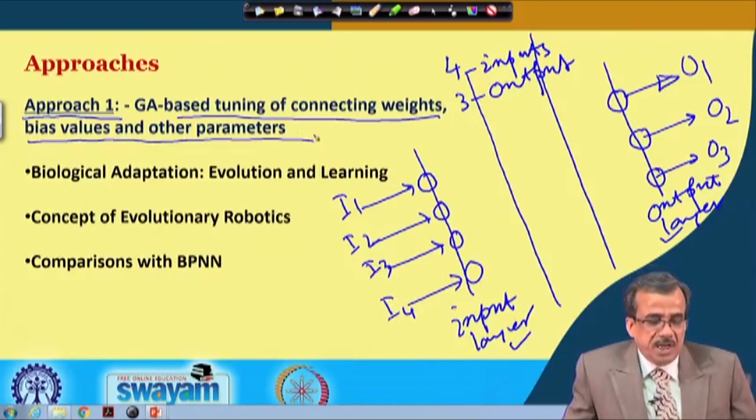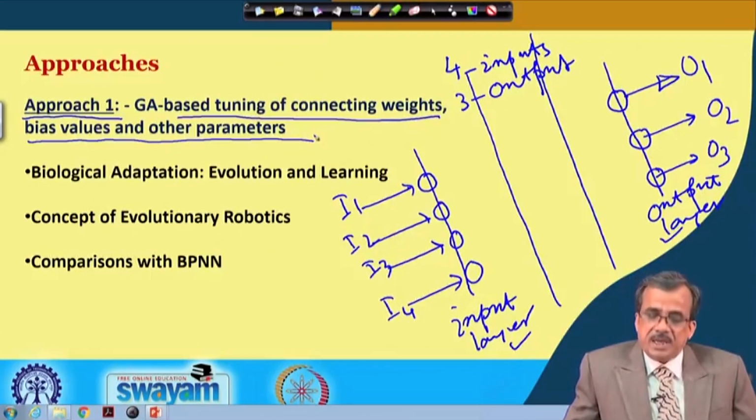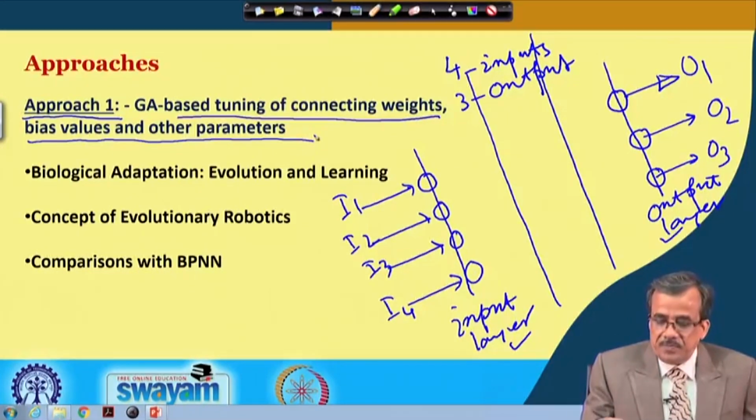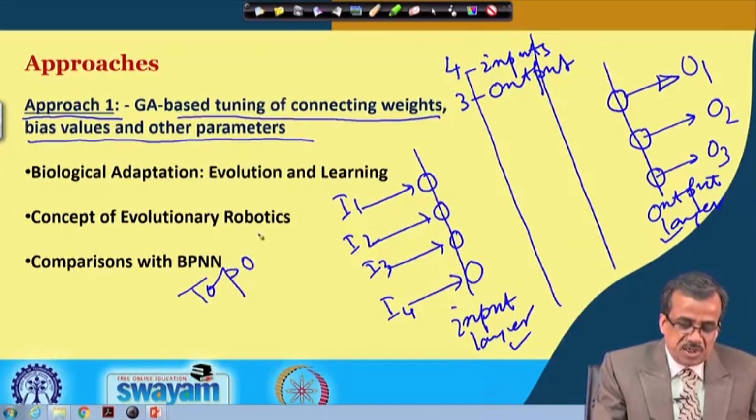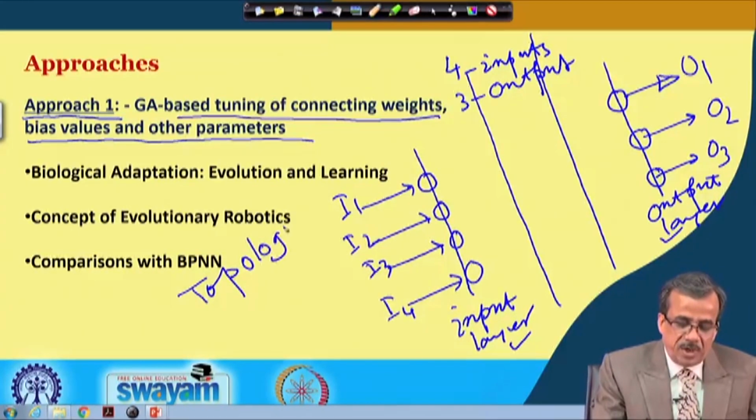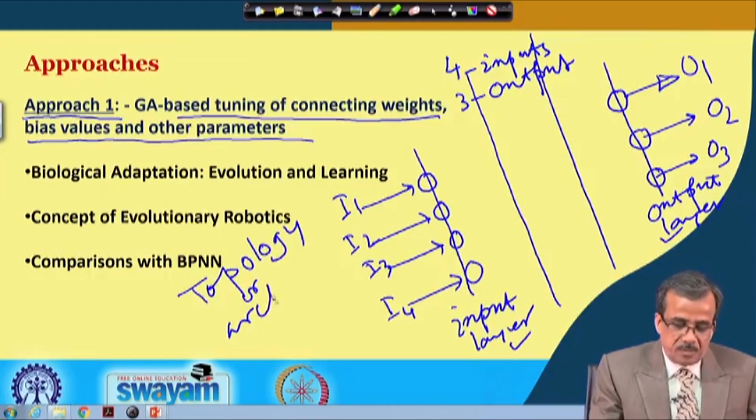That means, in approach 1, we are going to consider a network having a known or fixed topology or architecture.